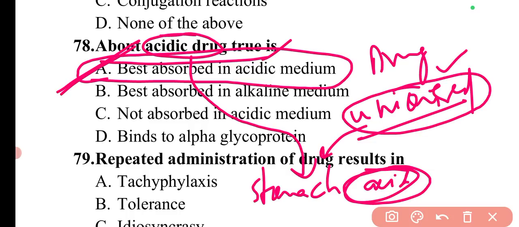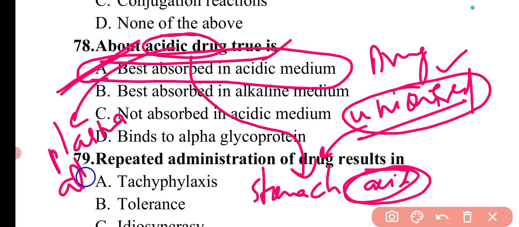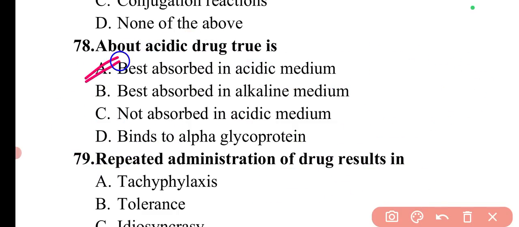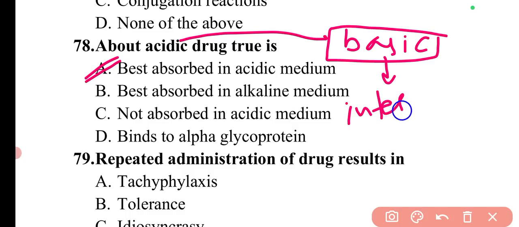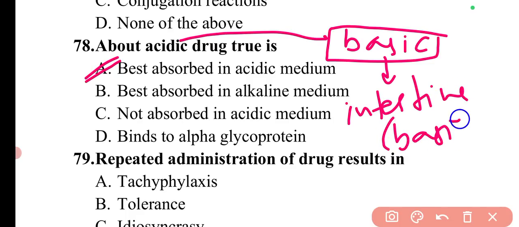And it will be best absorbed in that particular environment. And mostly, if I talk about the binding, these acidic drugs bind with the plasma albumin. So here option A will be the correct answer. Now if the question asks for the basic drugs, the basic drugs will be unionized in the intestine because the intestine has a basic pH.